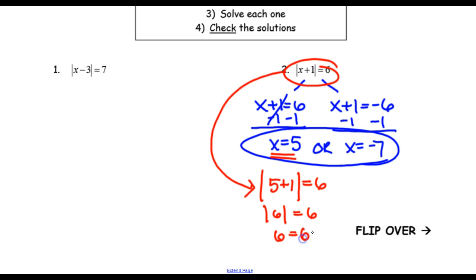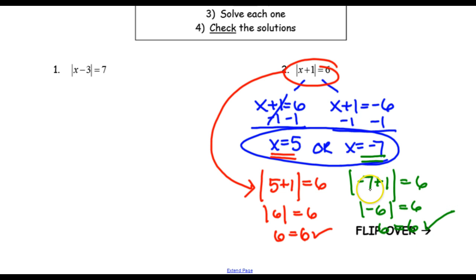So 6 does equal 6, and that's a true statement. Now I want to check negative 7. If I plug in negative 7 for x, will that equal 6? The absolute value of negative 7 plus 1 is the absolute value of negative 6, and the absolute value of negative 6 is 6, so 6 does equal 6. So both of those solutions work.